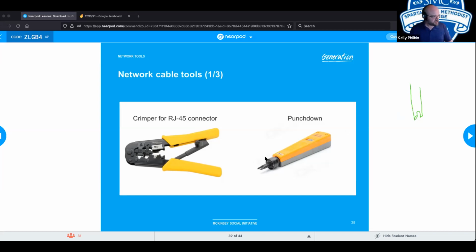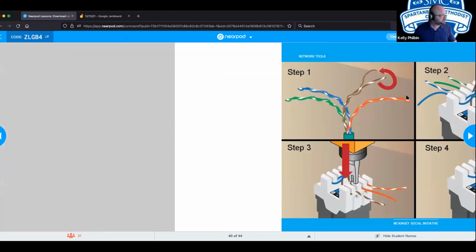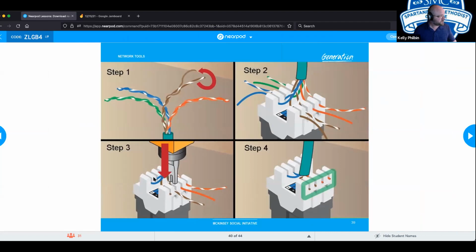So this would be a punch down tool used to create your actual ports or connectors inside the wall. Crimper is used for the cables themselves. So here is showing the use of the punch down.